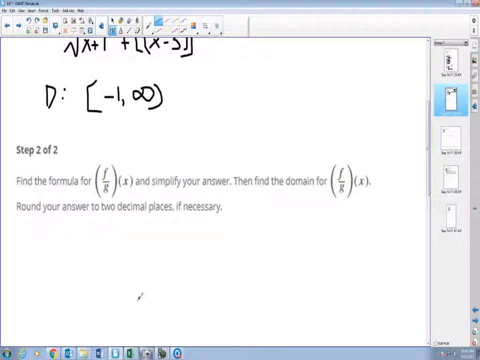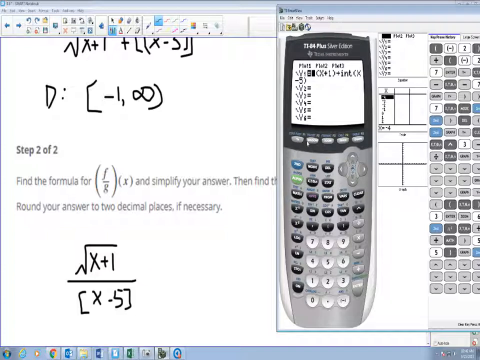Same thing with division. There's not much you can do here once you write it out. That's square root of x plus 1 over the greatest integer function, x minus 5. Let's check out what this looks like.